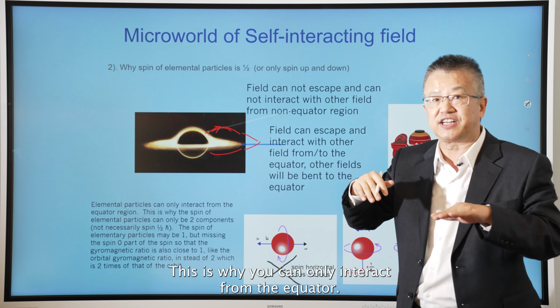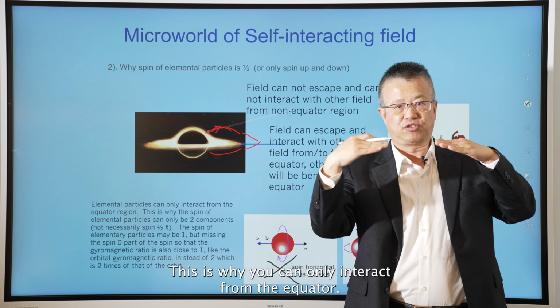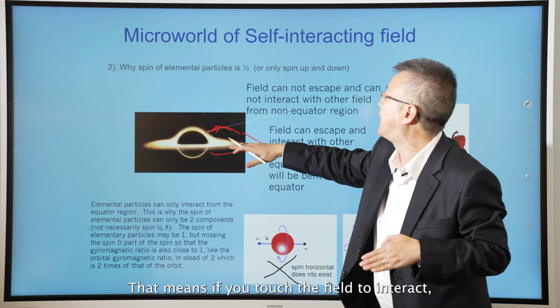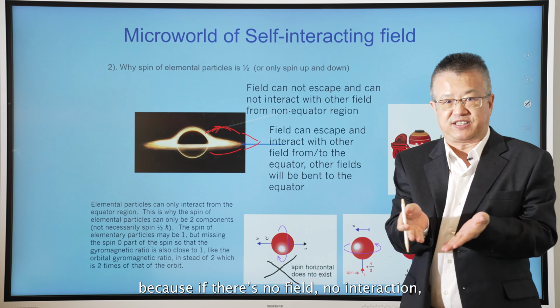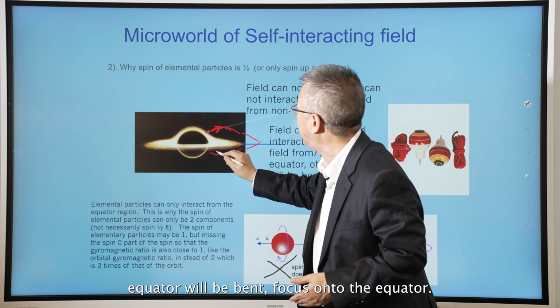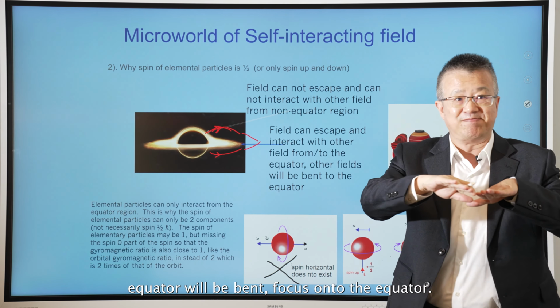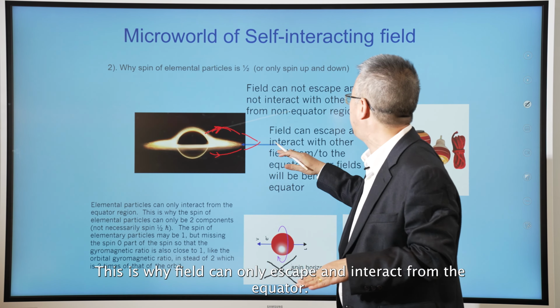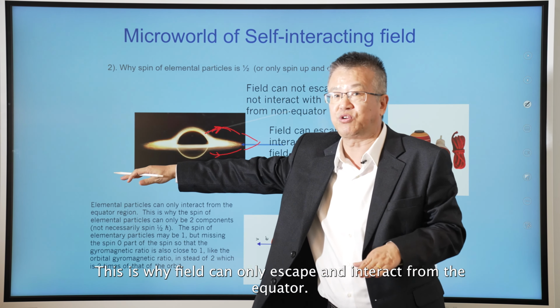This is why you can only interact from the equator. If there's no field, no interaction. Any field line that escapes from anywhere non-equatorial will be bent and focused onto the equator. This is why the field can only escape and interact from the equator.